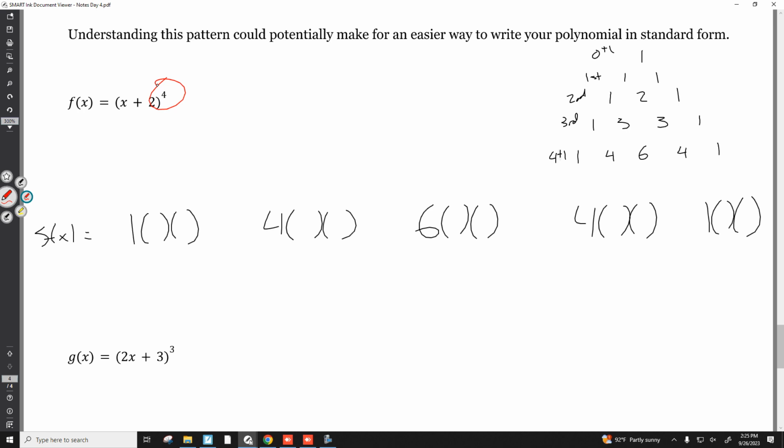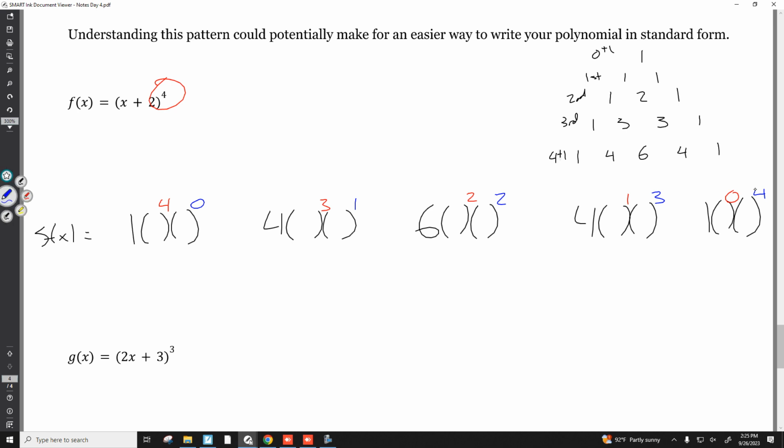So ready? On the left, we're going to go 4, 3, 2, 1, 0. On the right, we'll do 0, 1, 2, 3, 4.